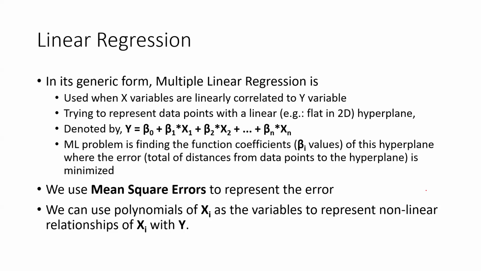So basically, linear regression with multiple variables is having multiple x variables, which are independent variables, and you find a certain y variable, which is having a linear relationship with each of these x variables. So in that case, we can use a linear regression.